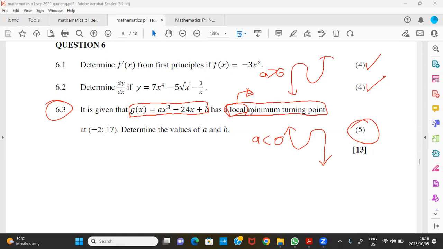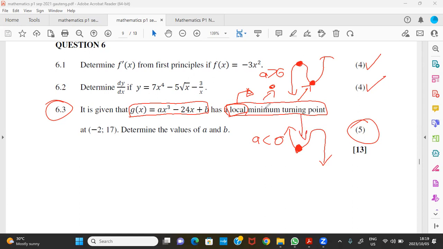Now when they say local minimum turning point, in this situation it is going to be this one, because it's the lower turning point between these two when we compare them, since we have two turning points. And in this case, it's going to be this one. That's basically what we are talking about.